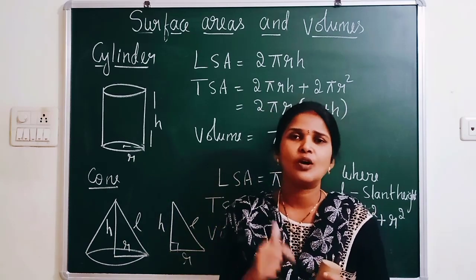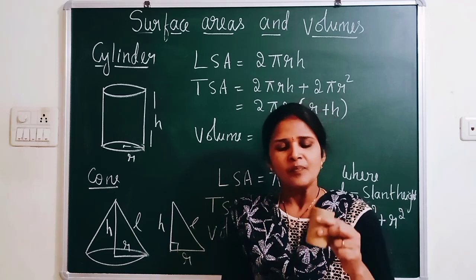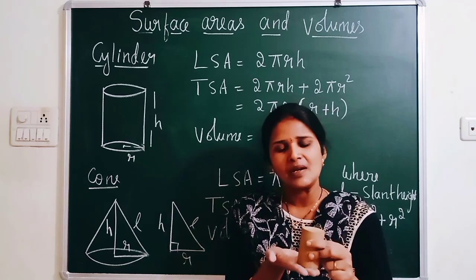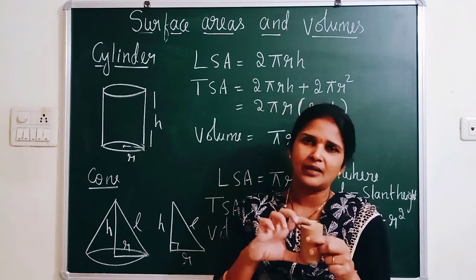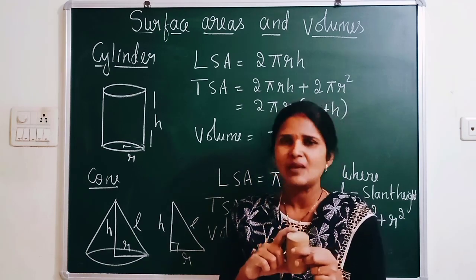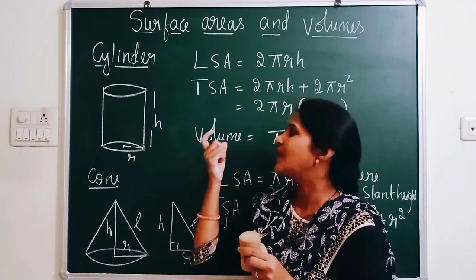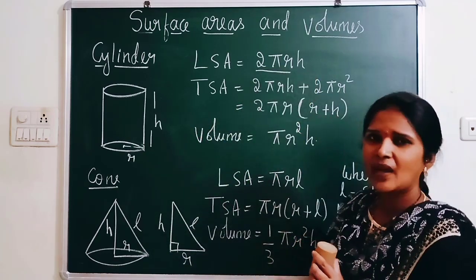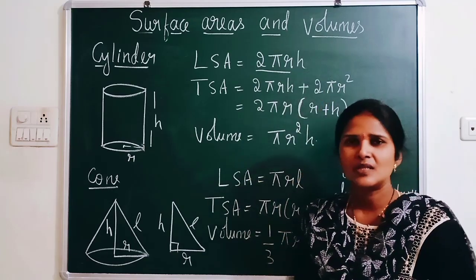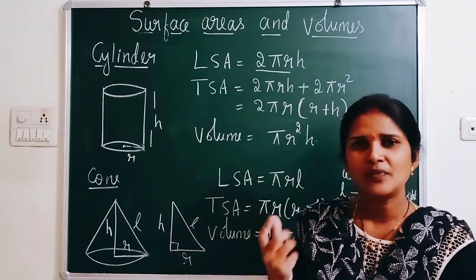But in class 10th, how are you going to remember? Remember, LSA of this cylinder is perimeter, that is circumference of the base, into height. You can apply the same formula for cuboid also for LSA. What is circumference of the circle? 2 pi r into h. So that is nothing but lateral surface area of cylinder.